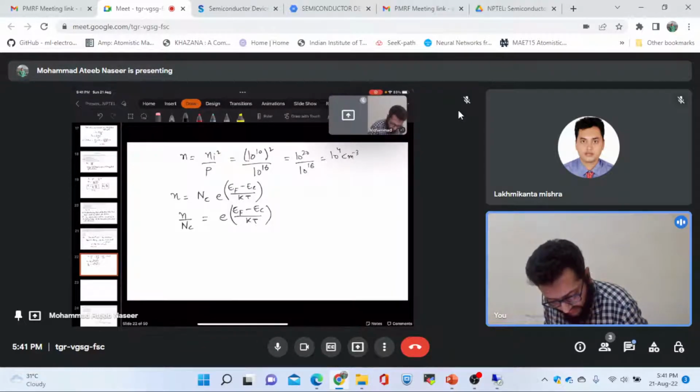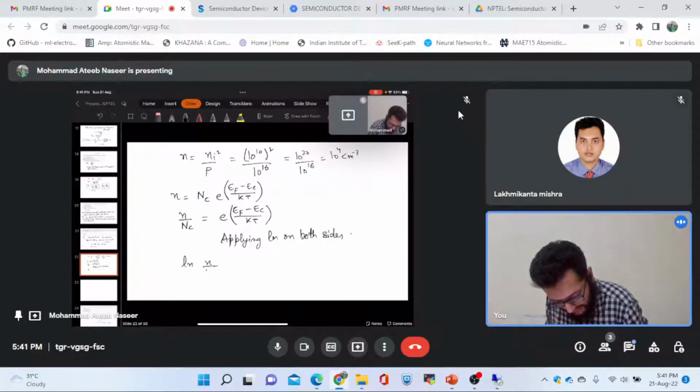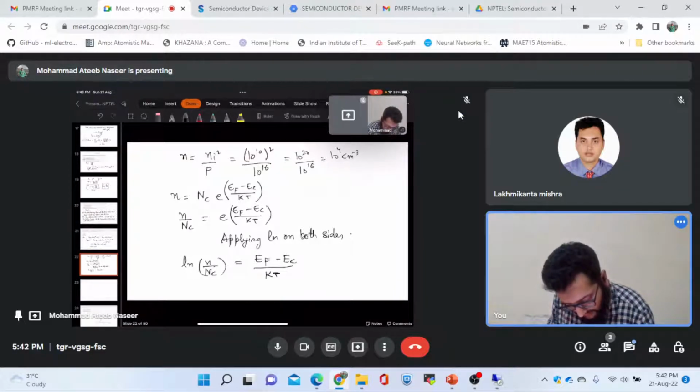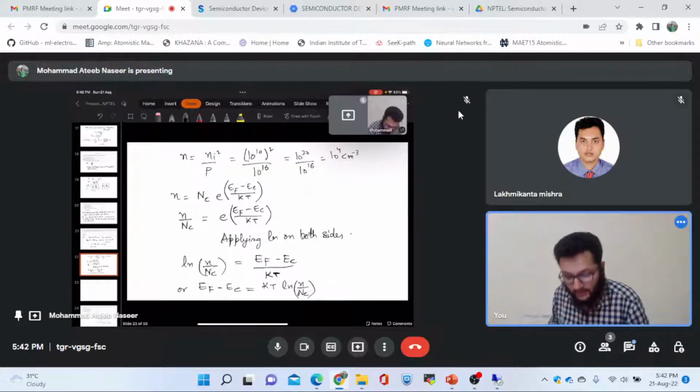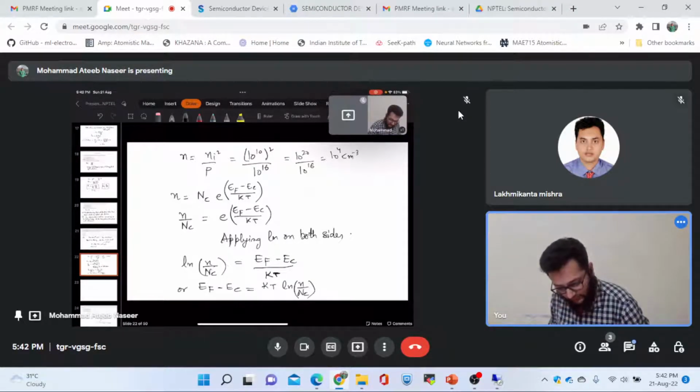Now applying ln on both sides, we will have ln of n by Nc equal to (Ef minus Ec) by kT, or simply Ef minus Ec will be equal to kT ln of n by Nc, and this kT has the value of 26 milli electron volt.